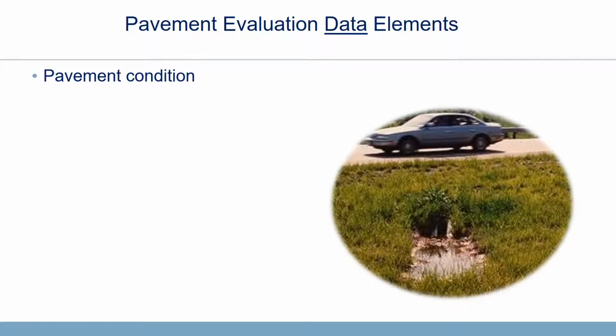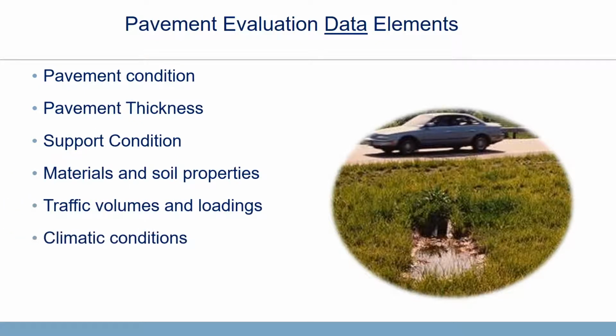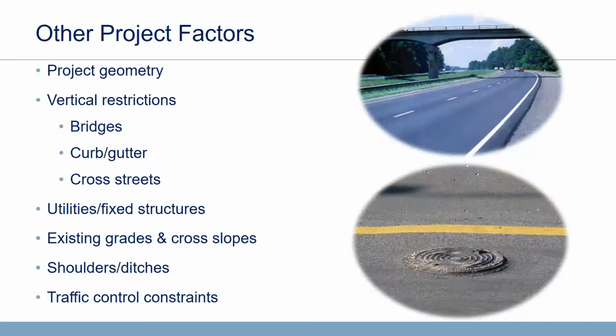Pavement evaluation data elements would include the pavement condition, the pavement thickness, support condition, materials and soil properties, traffic volumes and loadings, and the climatic conditions, plus the drainage conditions, which could have an impact on which overlay we use and how we're going to use that.